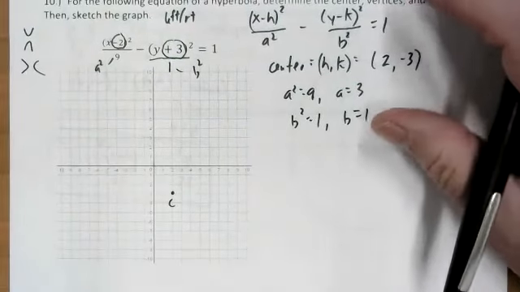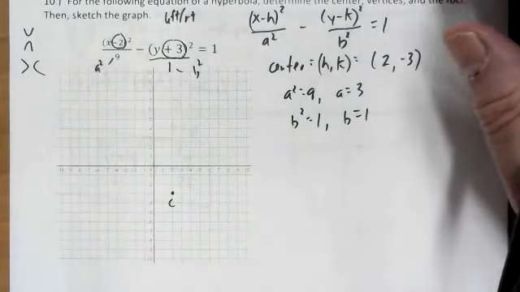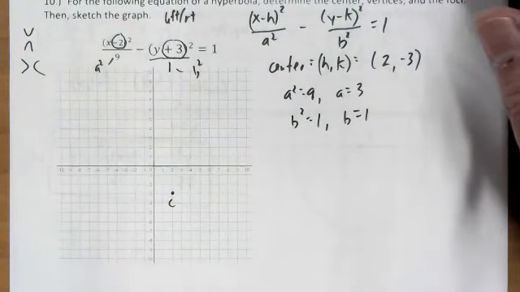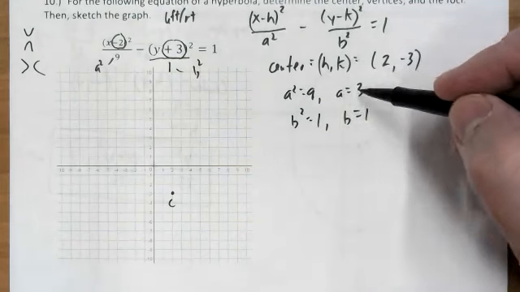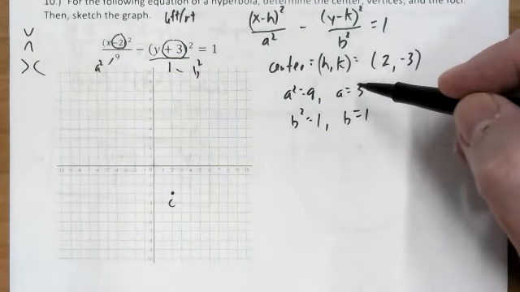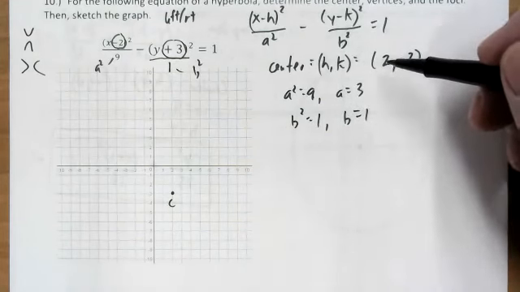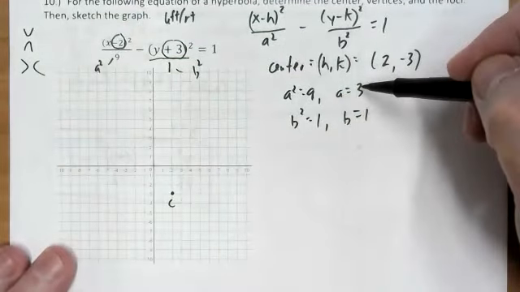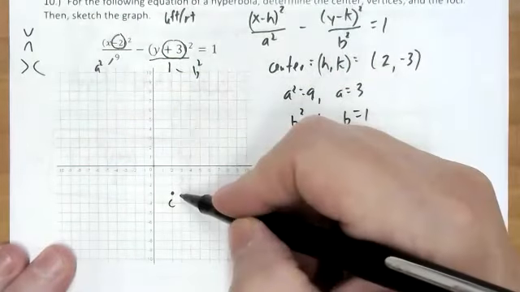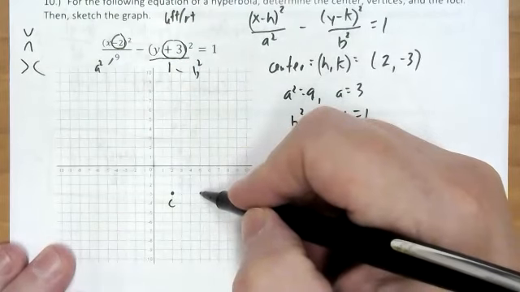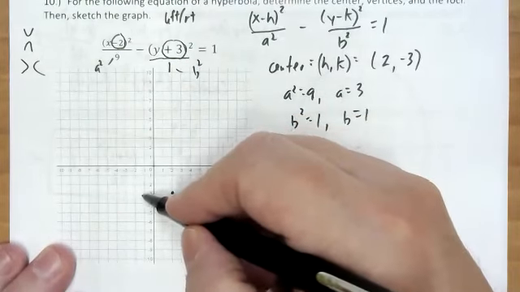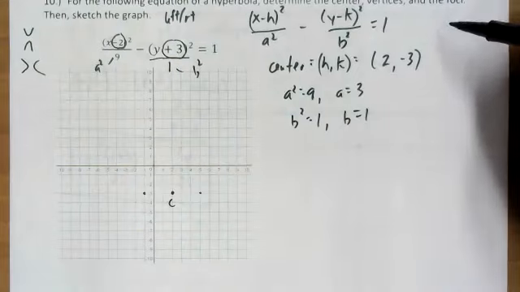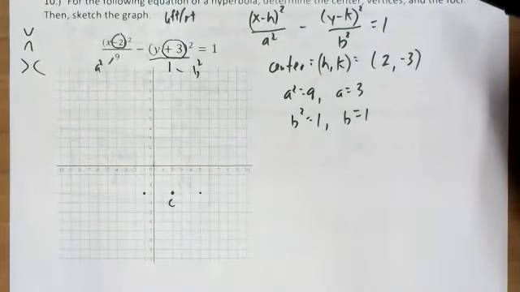Now, the way we sketch hyperbolas is a is the distance you move in the direction of the hyperbola. Since this is a left or right, from the center, I'm going to move 3 to the right and then 3 to the left. So 1, 2, 3, 1, 2, 3. There's my distance a in the direction of the hyperbola.